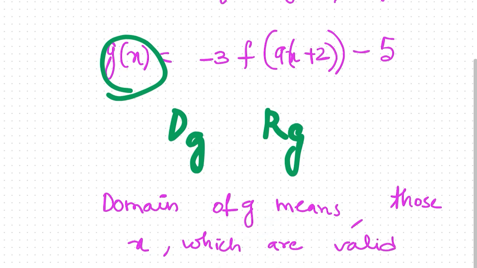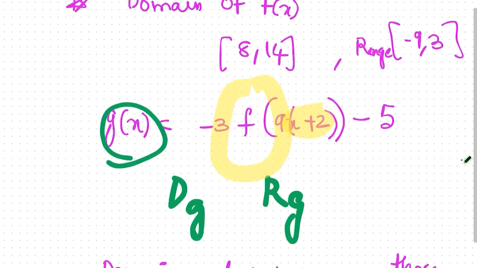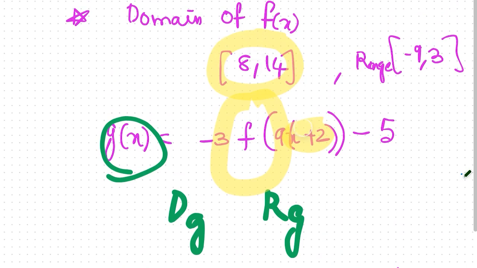But we know the domain and range of f of x. That is given. So we cannot just randomly put all real numbers here, right? Because f has a restriction that its domain should lie between 8 to 14. Whatever numbers you put, the number should lie between 8 to 14.